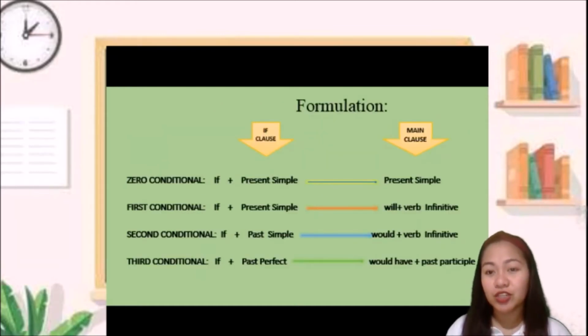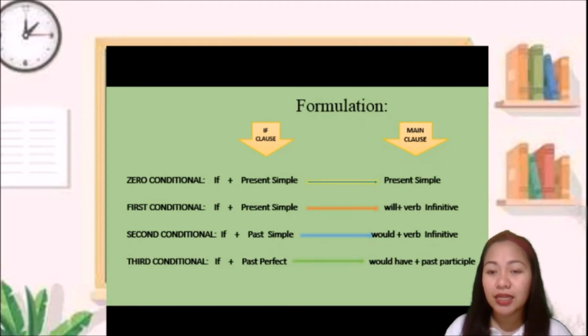Now, let's have the formulation of each type of conditional. For zero conditional, we have if plus present simple for your if clause and present simple for your main clause. For first conditional, if plus present simple for your if clause plus will and the verb infinitive for your main clause.